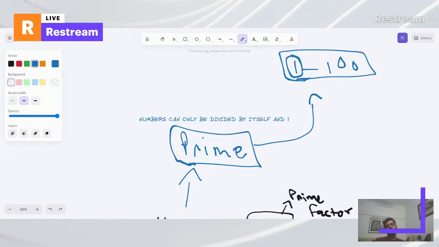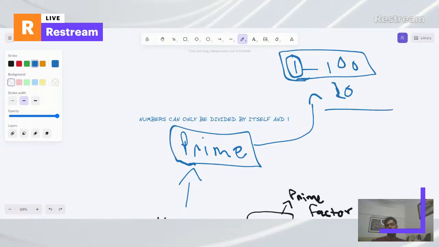So one doesn't need to be there, but you need to make up a list of all the numbers that are prime in the collection of 1 to 100. They can ask you for major sets and different connections between them. Just to start off, I'm going to do till 20.